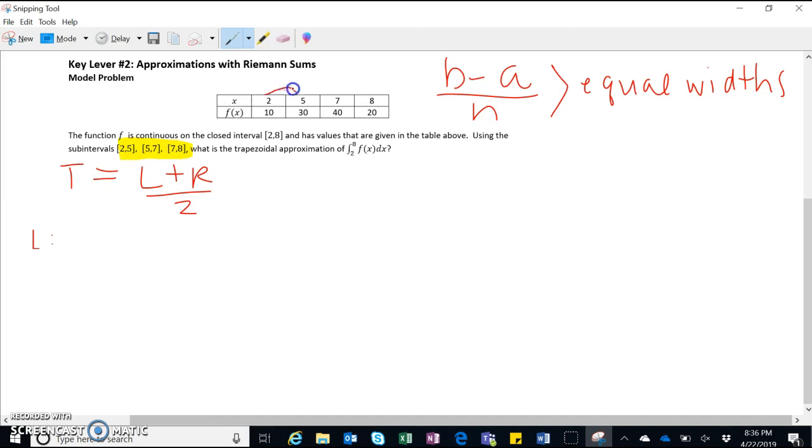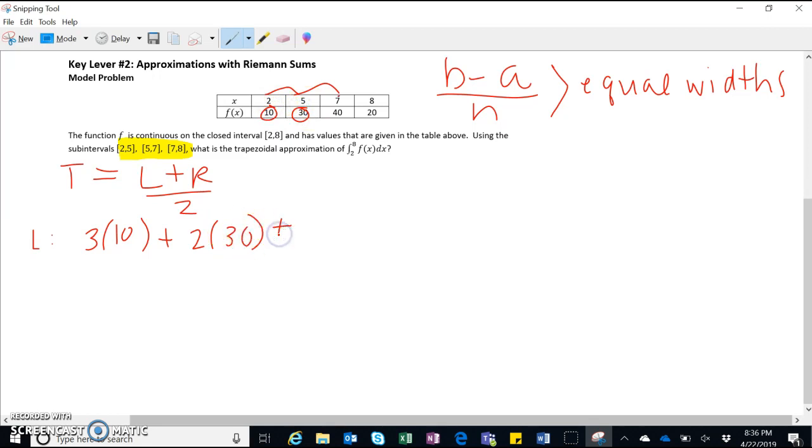So when I look at this first interval, the distance between my x's is 3, and the output on the left-hand side is 10. That's my first rectangle. Plus, as I keep going, the distance between the next two x values is 2. The output on the left side, I can annotate those, is 30.